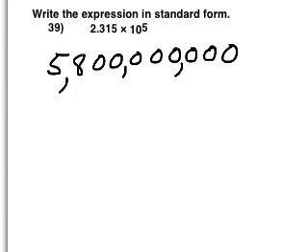So instead, what we're going to do is we're going to take away some of these zeros and then instead multiply them times 10 to some power, to replace the decimal places that I took away.